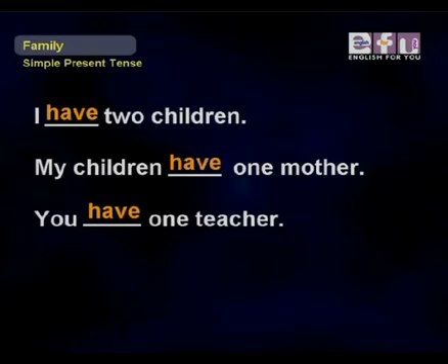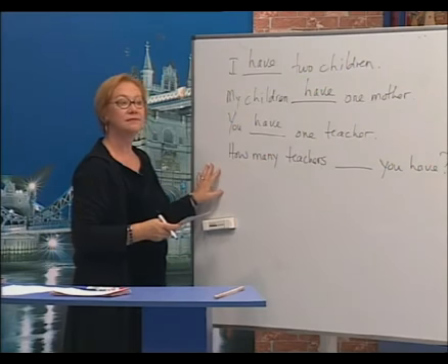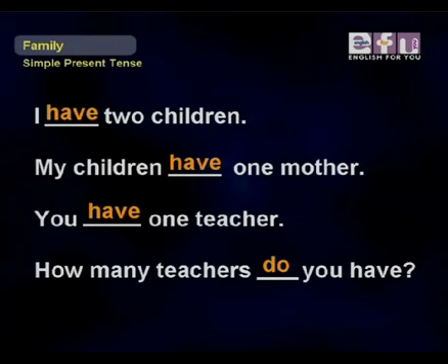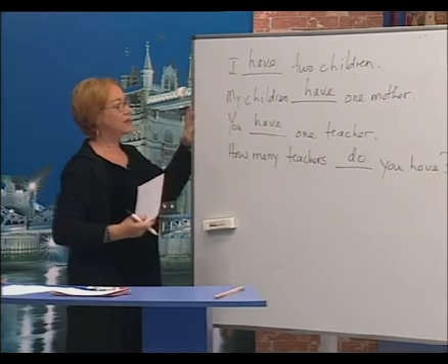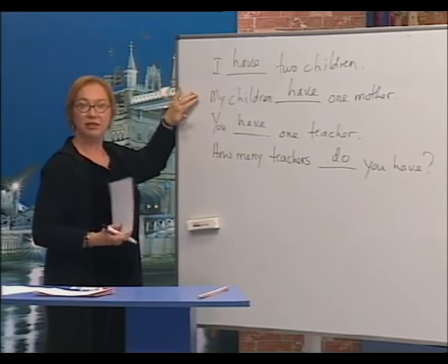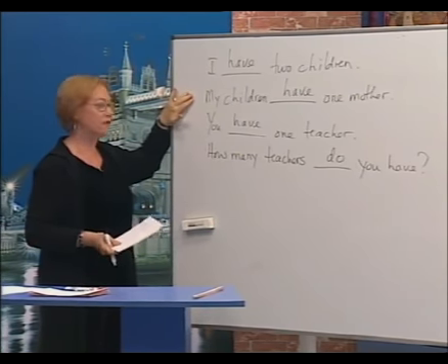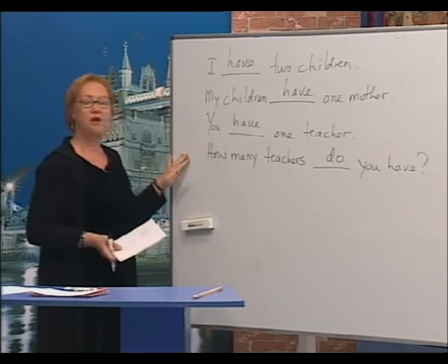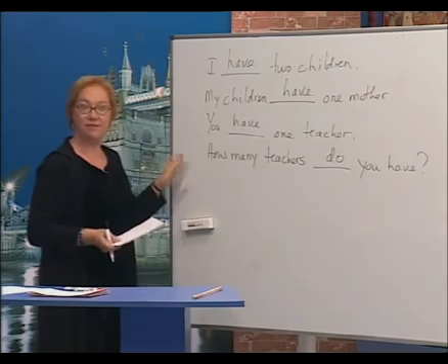You have 1 teacher. Yes, you have 1 teacher. And Lisa. How many teachers do you have? Yes, good. So again, I have 2 children. My children have 1 mother. You have 1 teacher. How many teachers do you have?